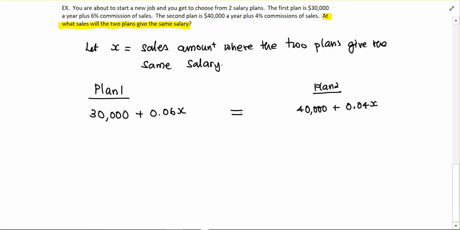So now this is a linear equation. The two sides are simplified. Let's get the x's to one side first. So I'm going to subtract 0.04x from this side. I'm going to subtract 0.04x from that side, and I get 30,000 plus 0.02x equals 40,000.